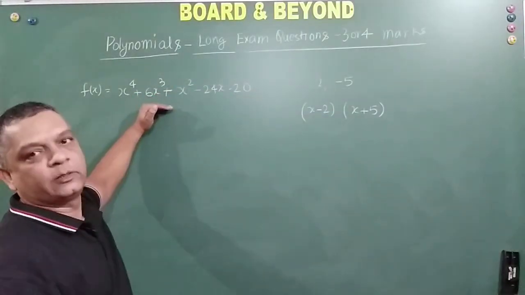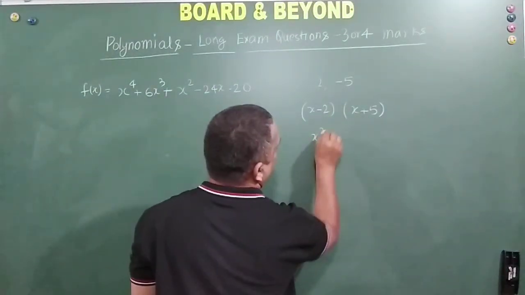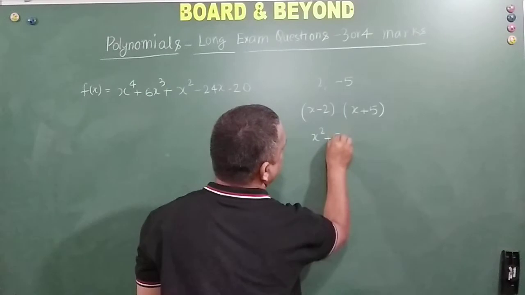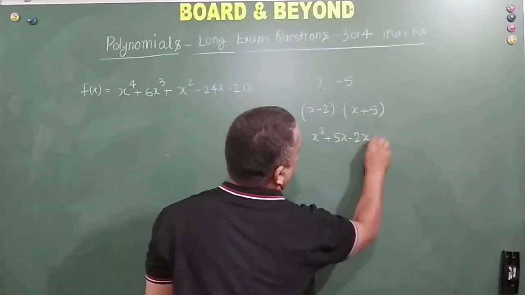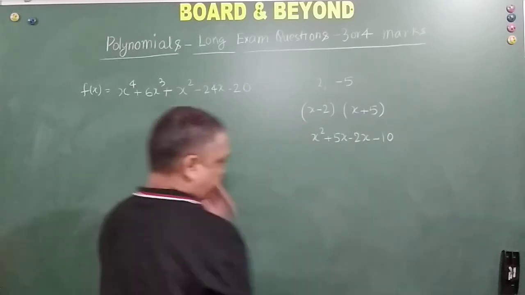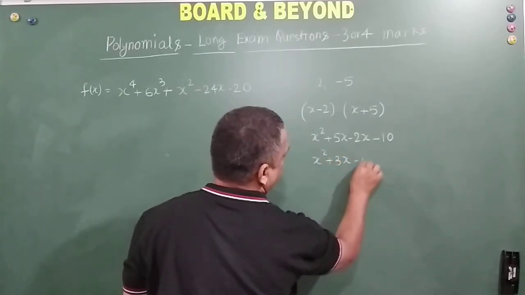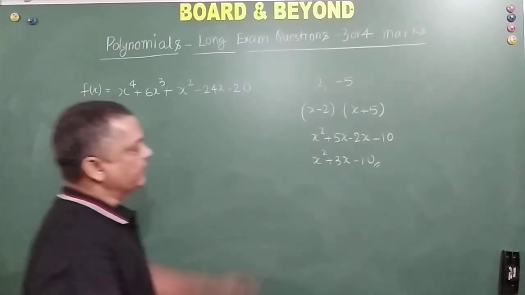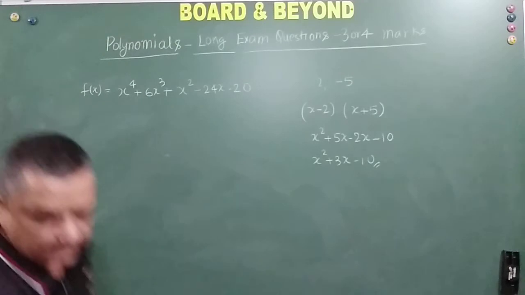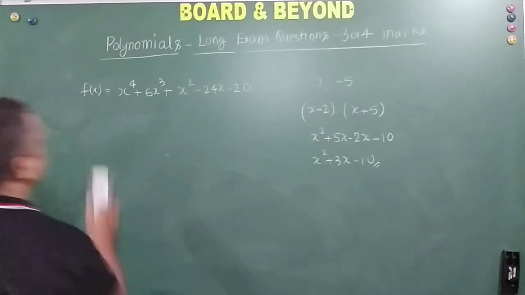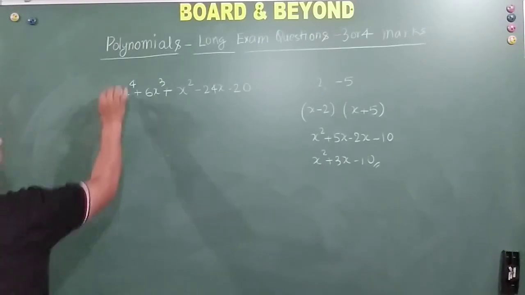Let's do the product. x square plus 5x minus 2x minus 10, so x square plus 3x minus 10. So this is a factor of this polynomial. Now we will use this, x square plus 3x minus 10, and divide by it.